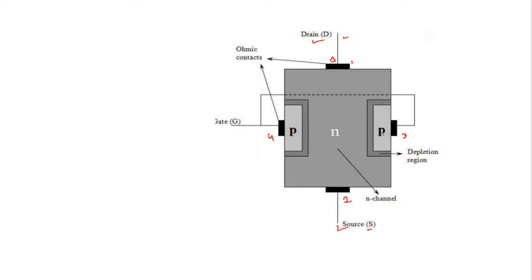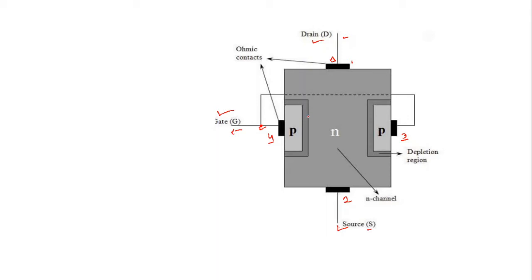The two side ohmic contacts are connected together to a common point, and this common point is connected to the gate terminal. So the two P-type materials are connected together, and they are connected to the gate terminal.